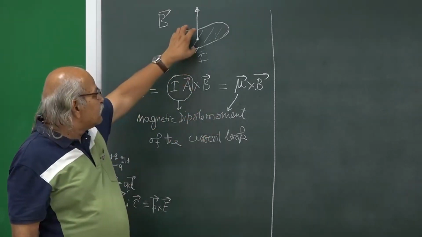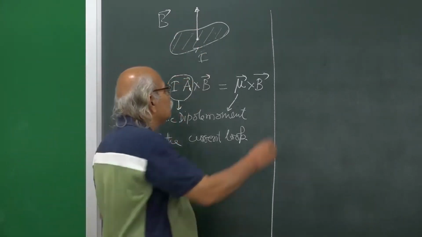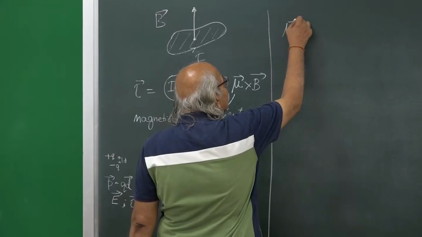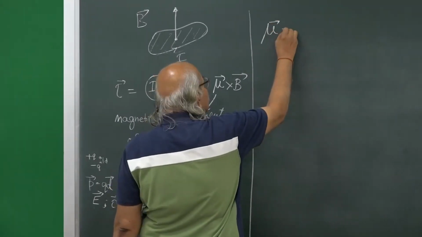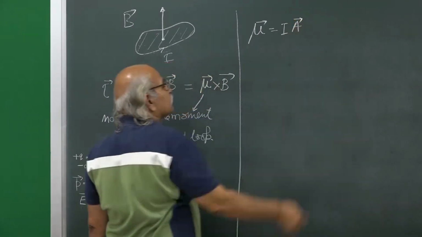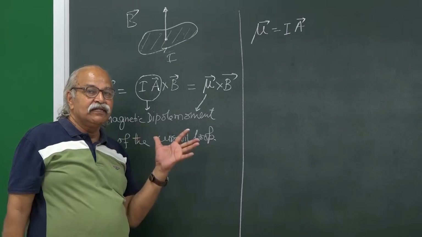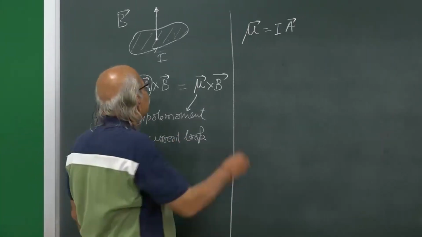So, let us first write it in a slightly different manner. This magnetic moment mu of this current loop is I times area vector. This is the current situation, but this area vector can be written in a slightly different form.